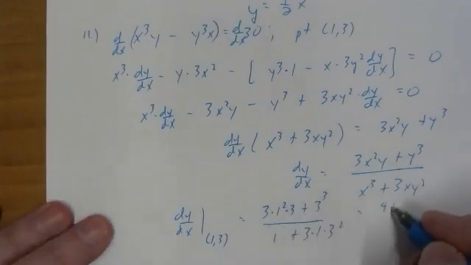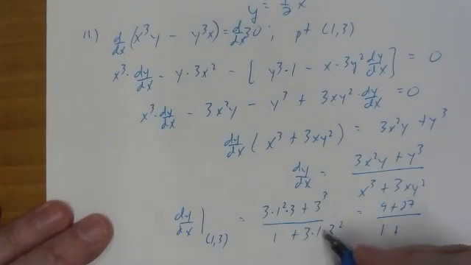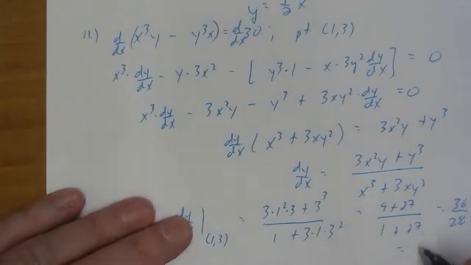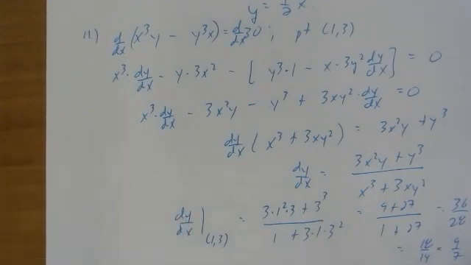It's like 9 plus 27. 1 plus 27. 36 over 28. If I reduce that, it's 18 over 14. If I didn't mess up, 9/7. I'm a little suspicious.